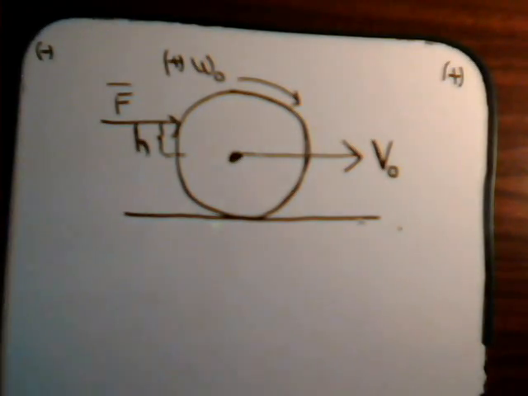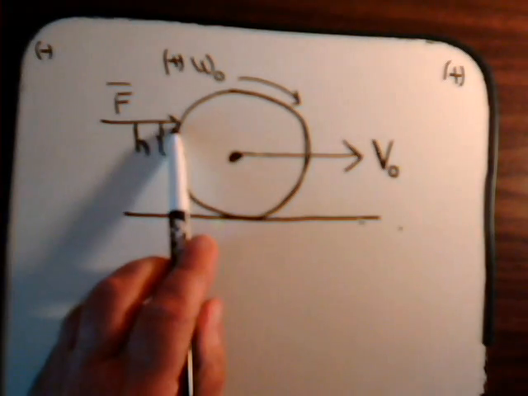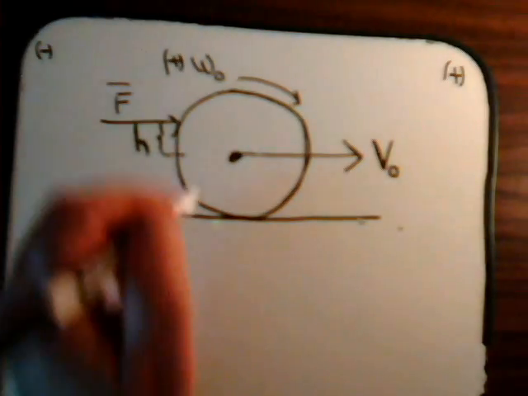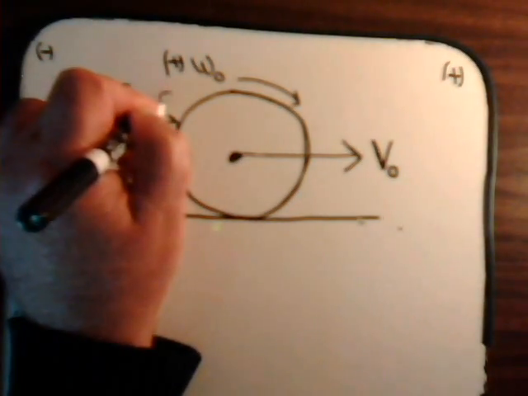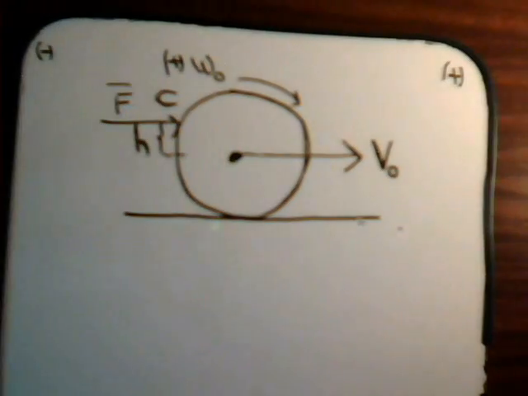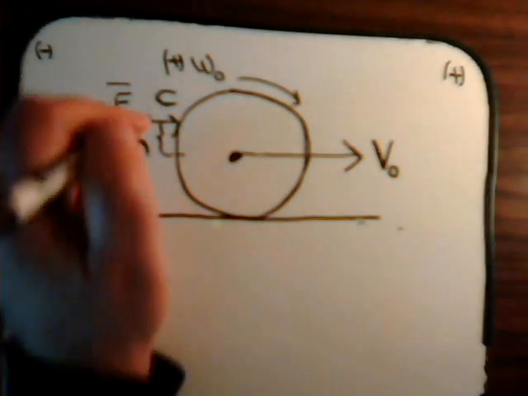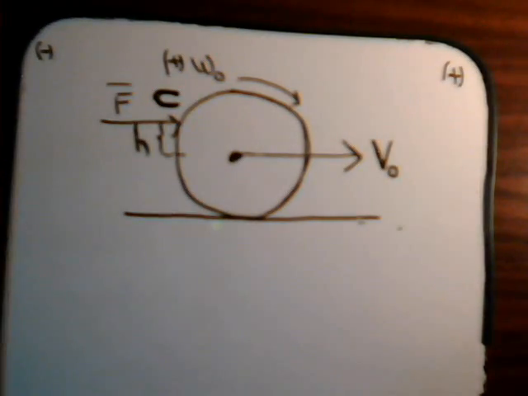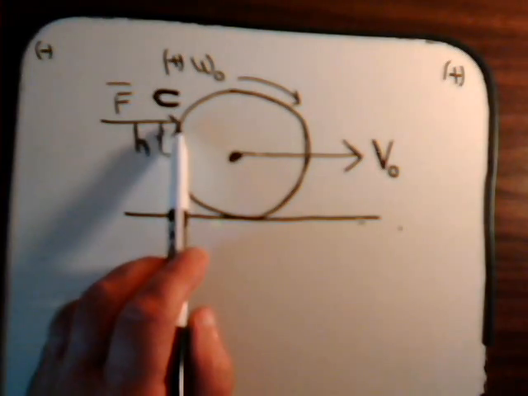And the first reference point that we will consider is right here where the cue stick strikes the ball. So let's call that point C, and we want to consider what will be the angular momentum of the billiard ball about this point C. Before we do that, let's ask ourselves, what would be the torque about point C?